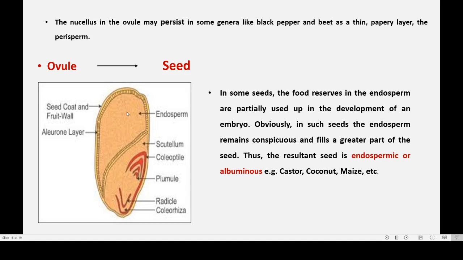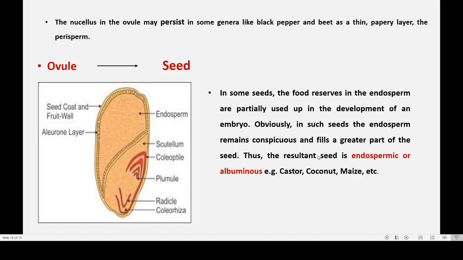We have already said that when the embryo grows, the endosperm provides nourishment. But in some cases, mostly in monocots, only part of the endosperm gets utilized during embryogenesis, not the whole endosperm. So part of the endosperm remains as it is after seed development also.